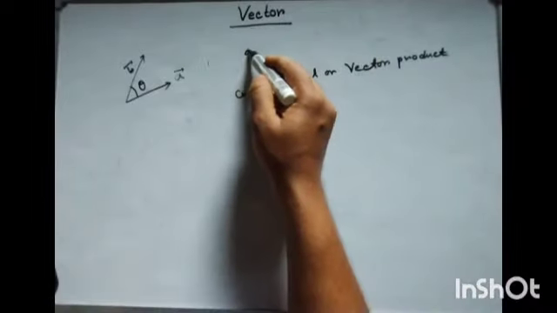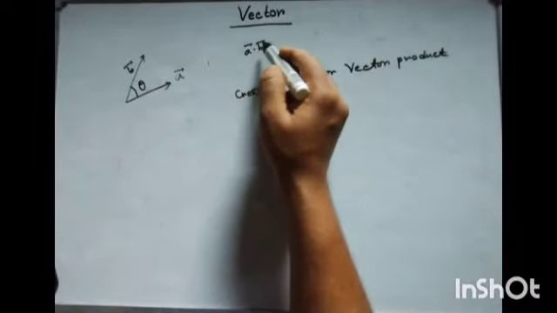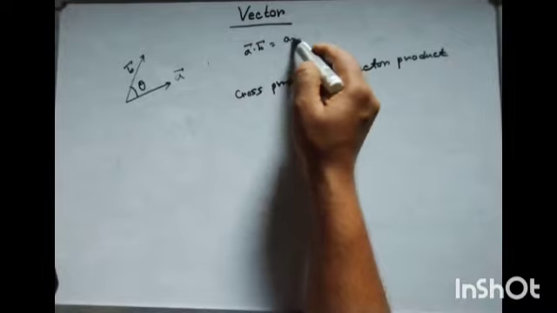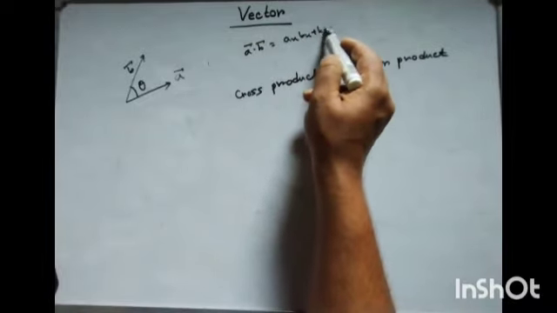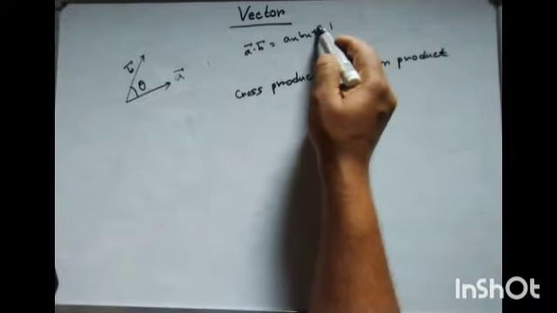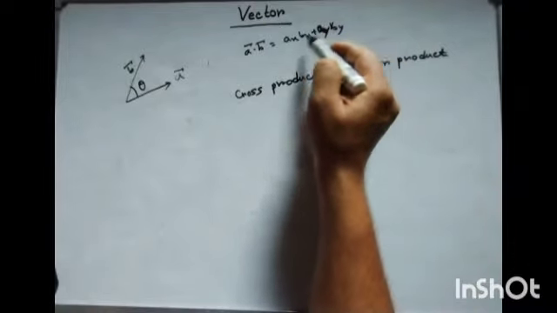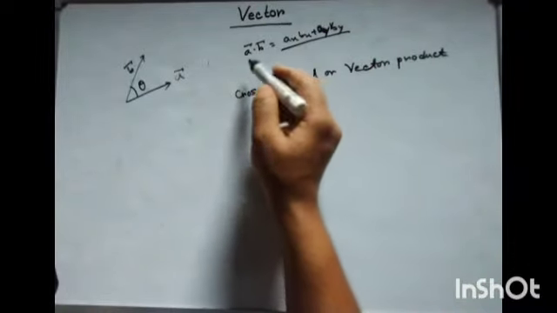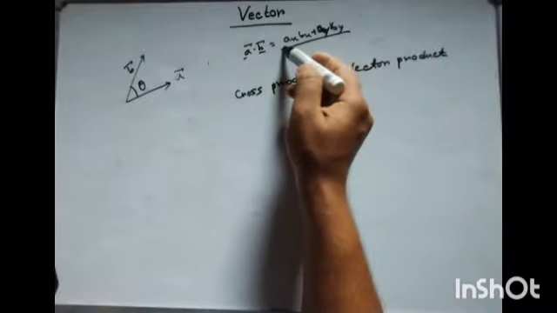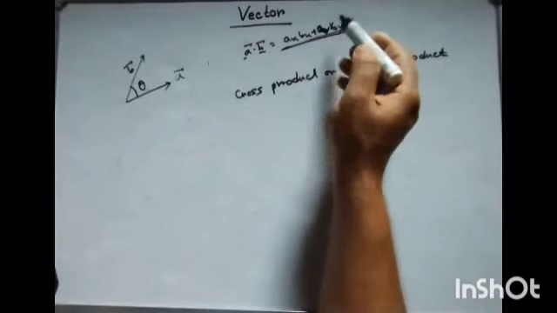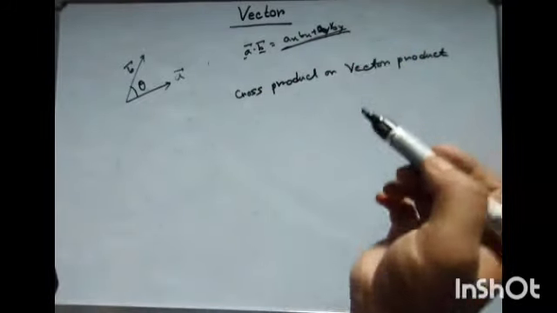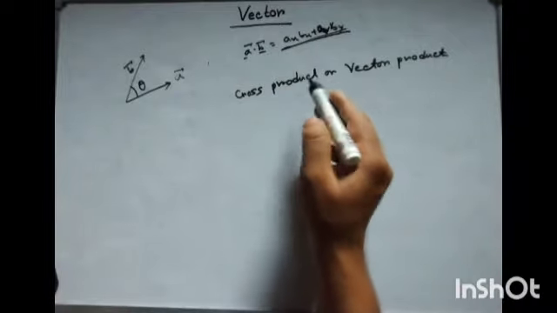In scalar product you can see a vector dot b vector, these two are vectors but the result is a scalar, ax bx plus ay by. You can see that this has no direction, these two vectors have direction, but the product has no direction, so that's why it is called scalar product.